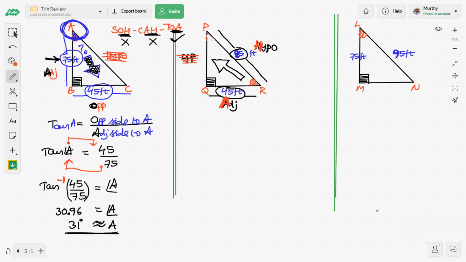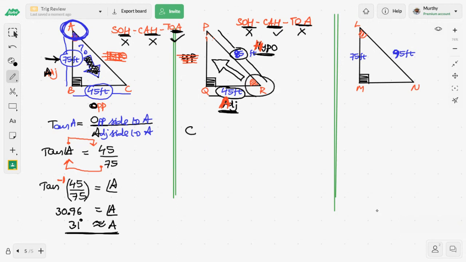Then write SOH CAH TOA. Therefore, where do I find adjacent and hypotenuse? Here, no. Adjacent and hypotenuse, yes. Adjacent and hypotenuse, no. Therefore, I have to go with cos, right?